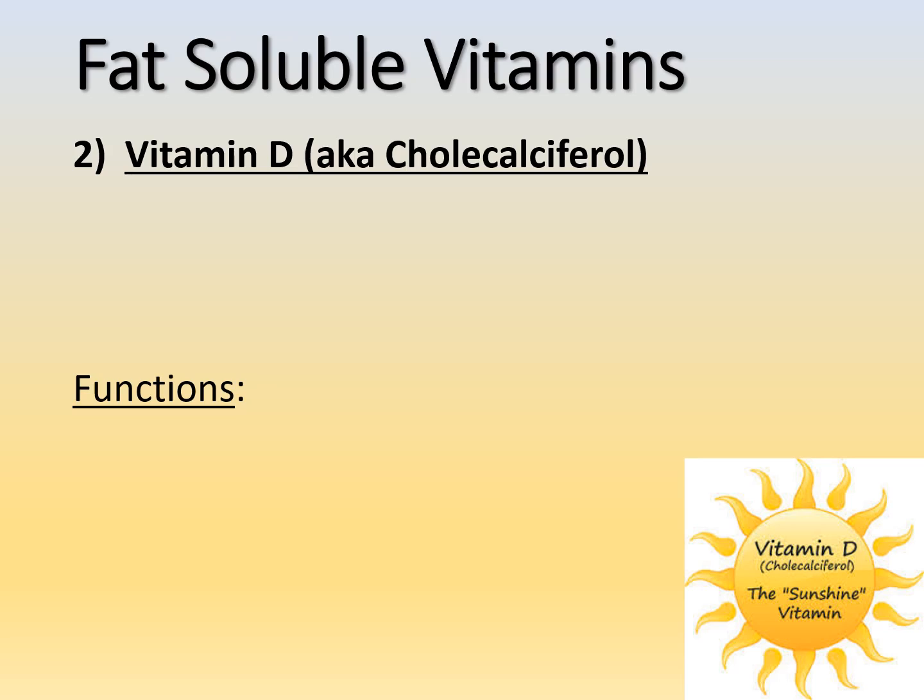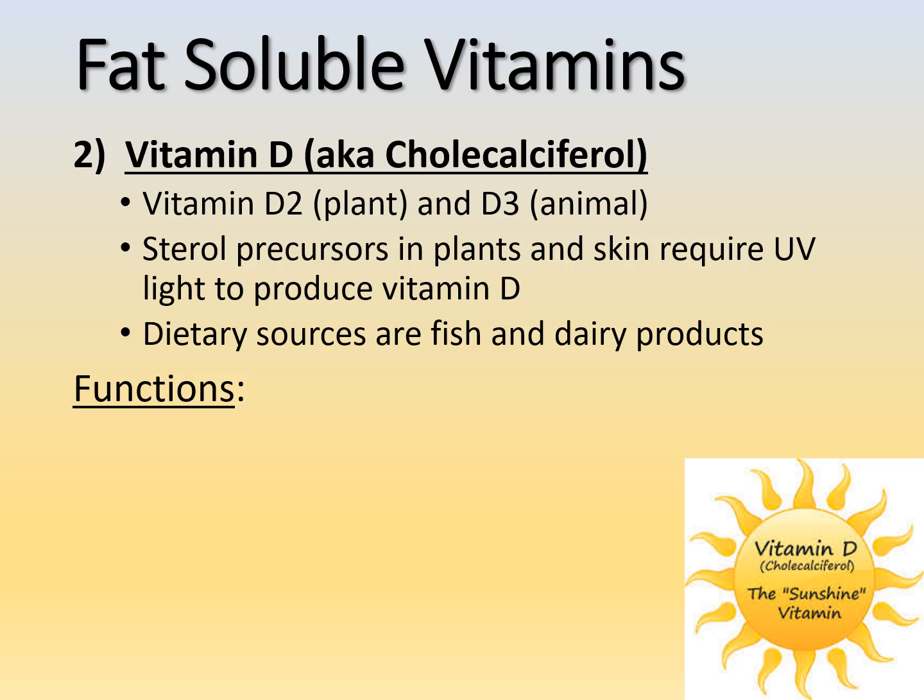So vitamin D is our next fat-soluble vitamin, and a lot of people are very familiar with vitamin D, especially these days, because a lot of us humans are deficient in vitamin D. It's termed the sunshine vitamin because we require UV light in our skin to convert these precursors to the active form of vitamin D. Vitamin D is found in both plants and animals.